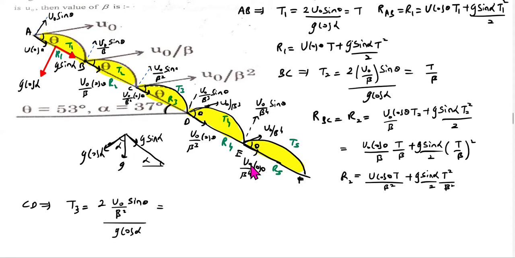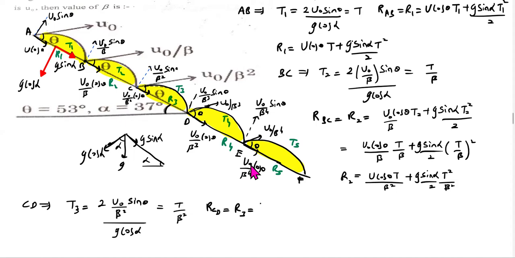This should become equal to T by beta square, the time of flight. Then the range will be RCD, which is equal to R3.